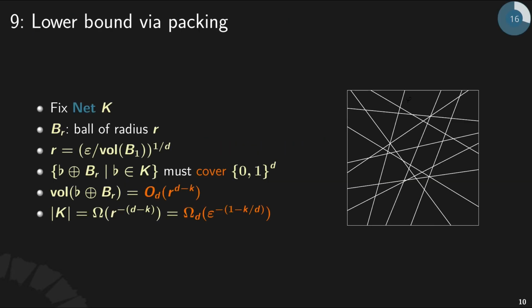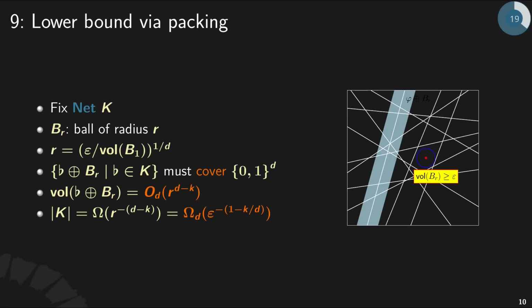Okay, the lower bound is pretty easy. We have a collection of k-flats, and we want to stab all the heavy bodies that have volume at least epsilon in the hypercube. In particular, you need to stab a ball of volume epsilon.